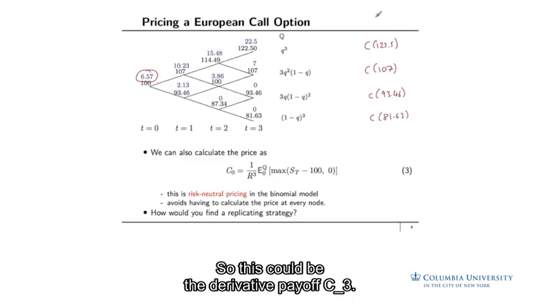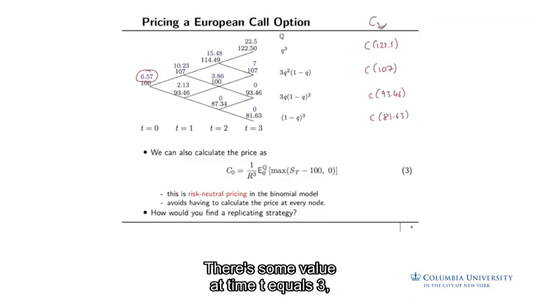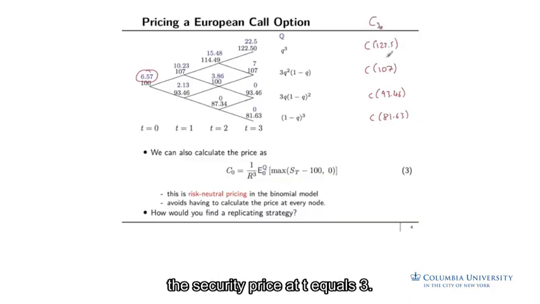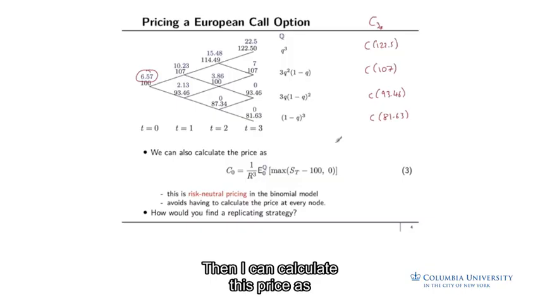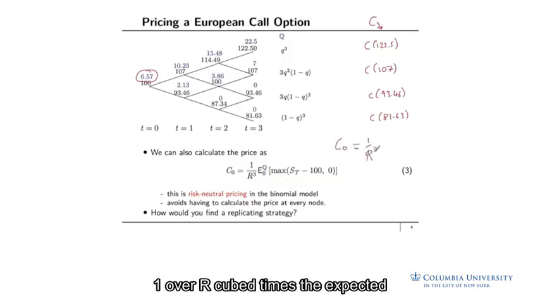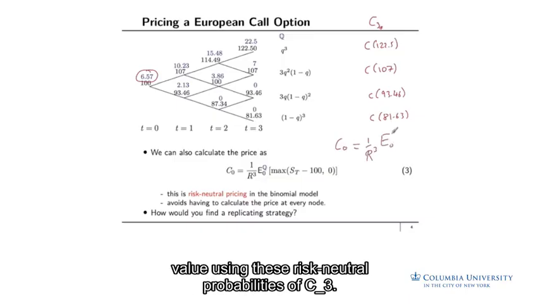Okay, so this could be the derivative payoff C3. There's some value at time t equals 3, and its value depends on the security price at t equals 3. So it could be a call option, a put option, or some other funky security. Then I can calculate this price as 1 over r cubed times the expected value using these risk-neutral probabilities of C3.